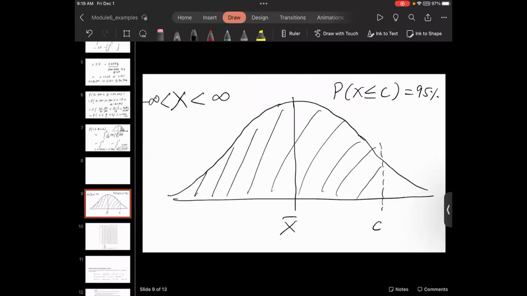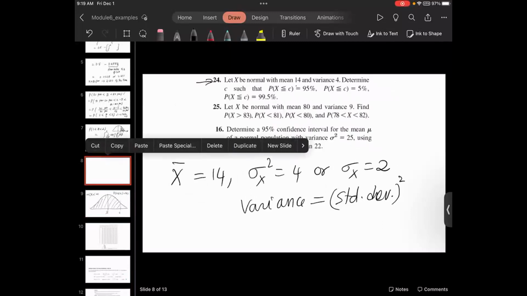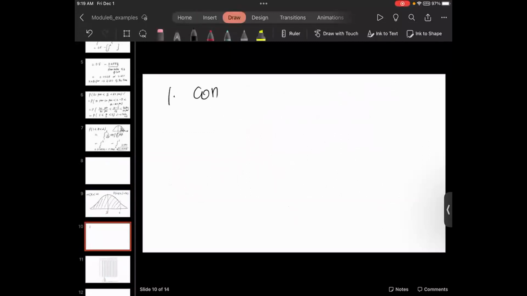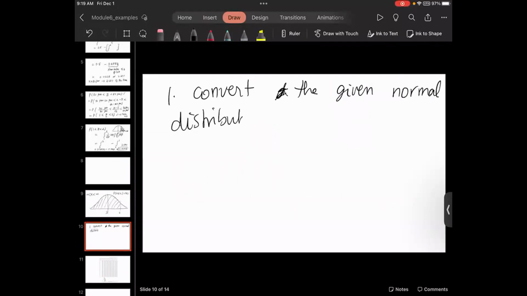So your first step is to convert the given normal distribution into the standard normal distribution.